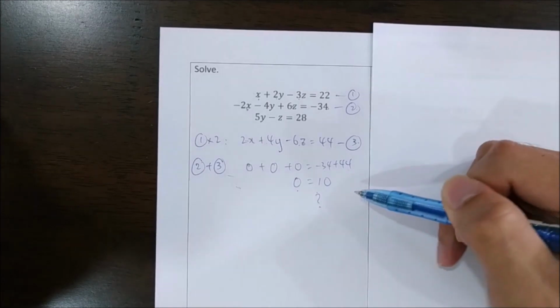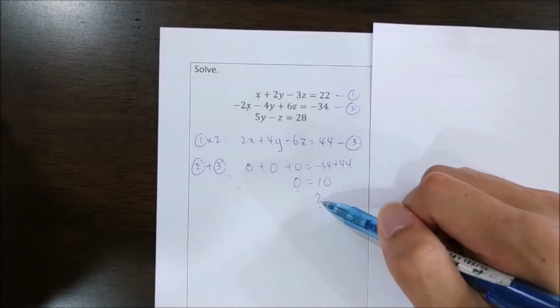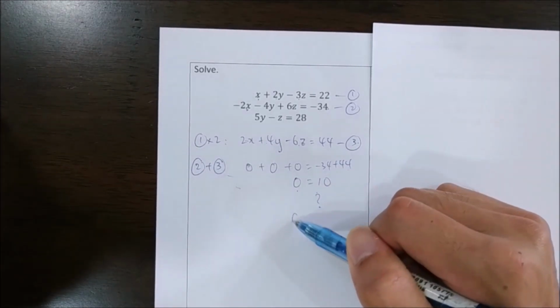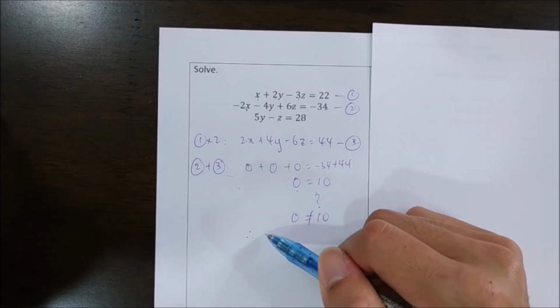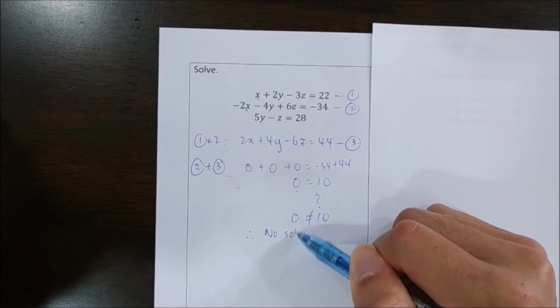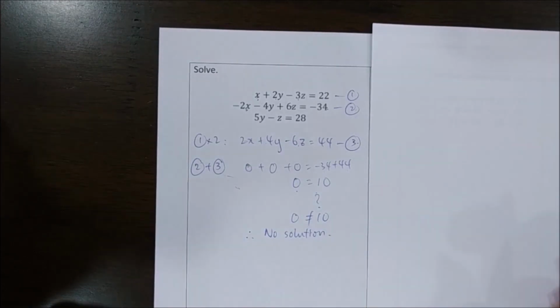Hence 0 equals 10. But 0 cannot be 10. So this implies that there is no solution for this system of linear equations in 3 variables.